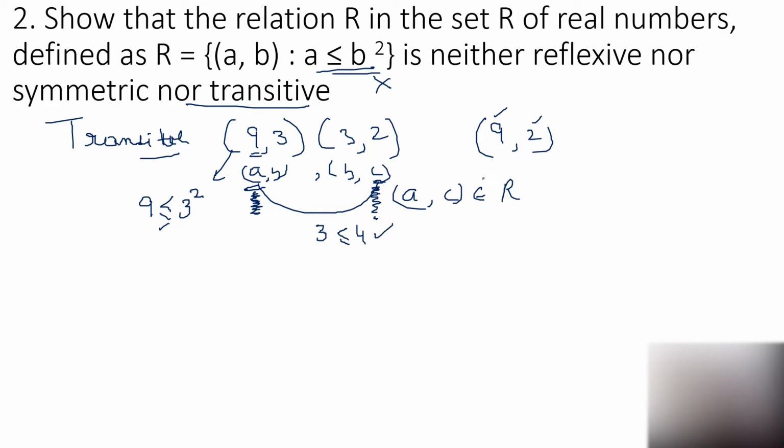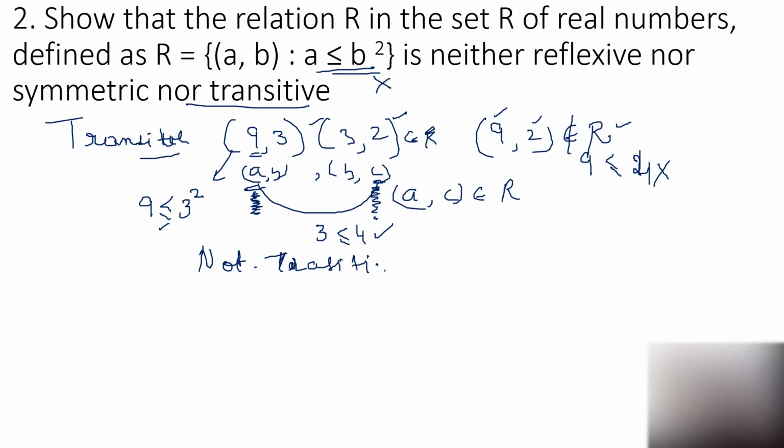Yes, it is true. Now 9 and 2, are these related? Is 9 less than or equal to 2 square? No, these are not related to each other. It means this does not belong to R. These two belong to R, but this does not belong to R. This proves that it is not transitive. You have to think of counter examples. Let's have one more.